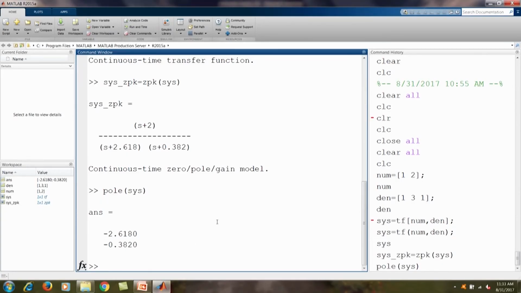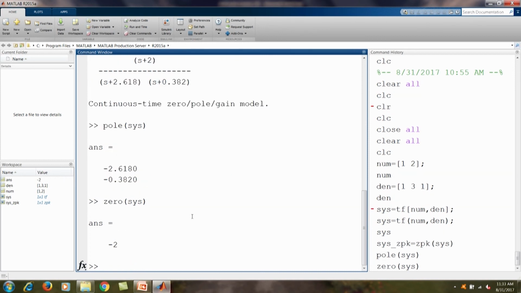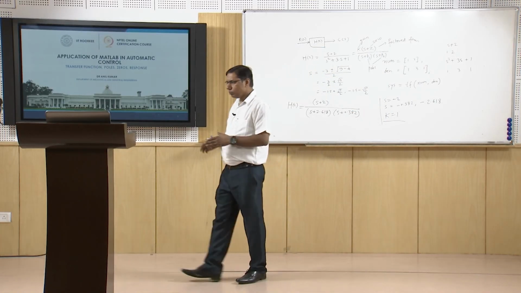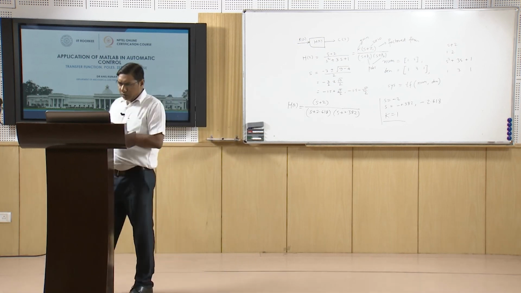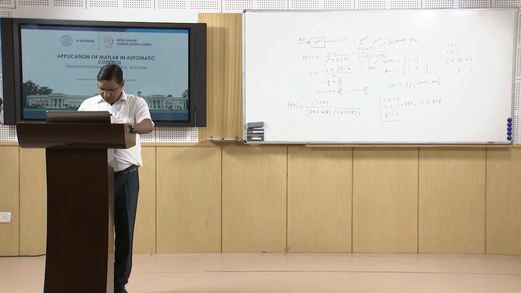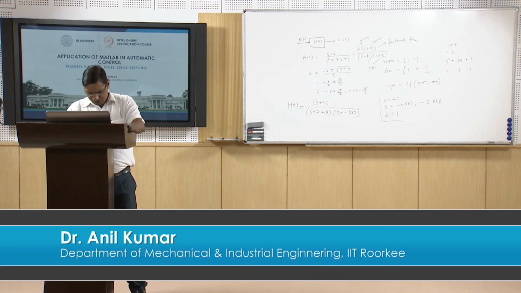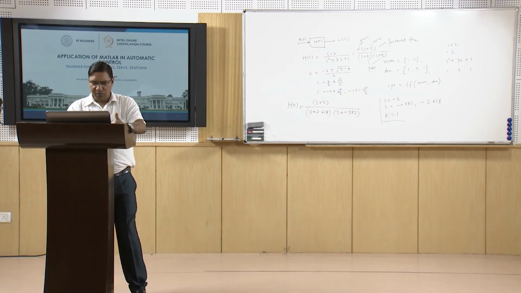We can also give a command that is called zero sys. So we get here minus 2. So here the zero is minus 2. Second thing is that we can apply this same thing on the ZPK system also.